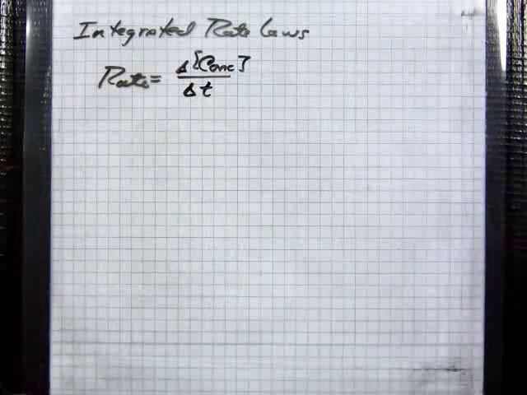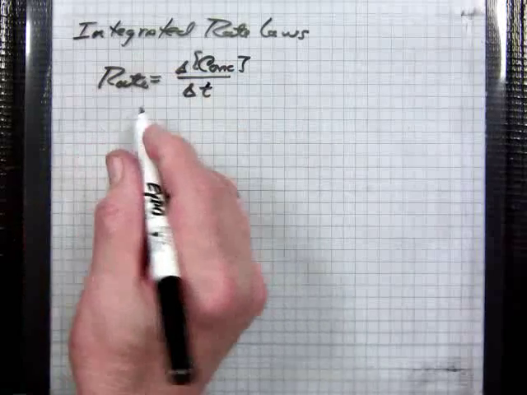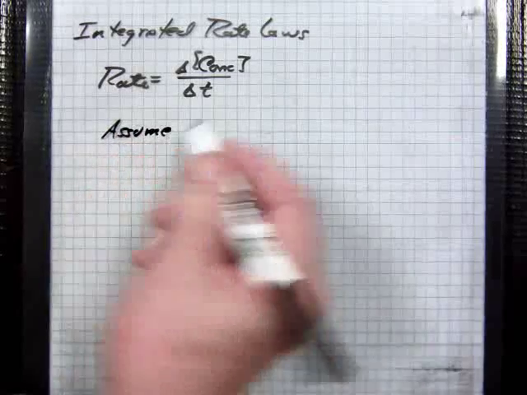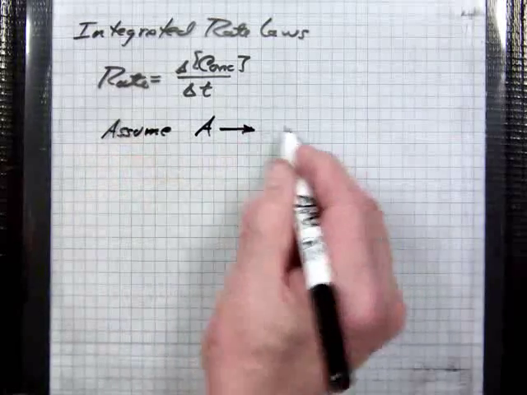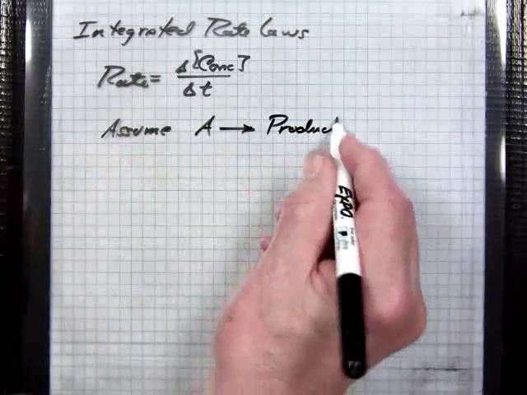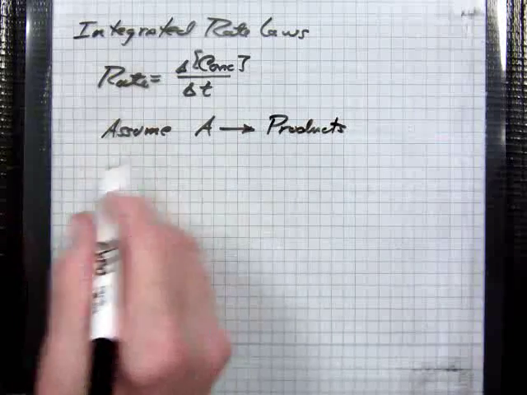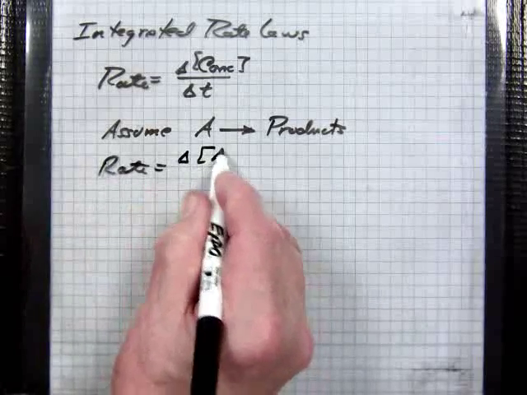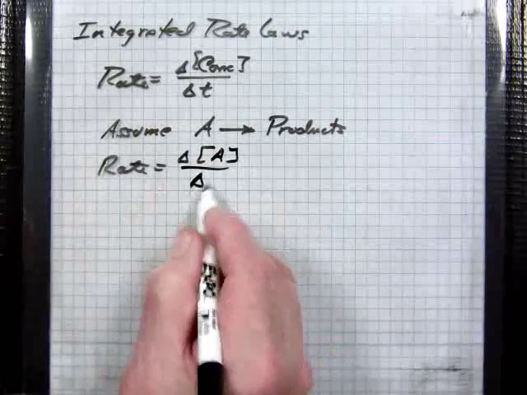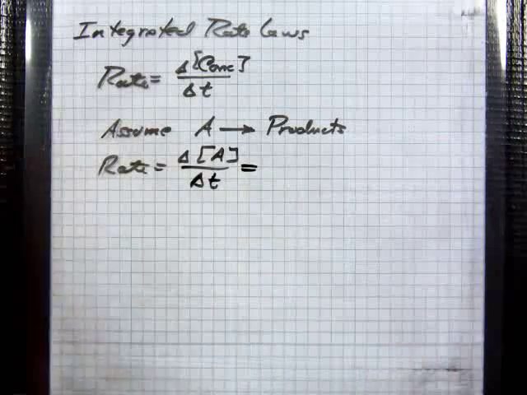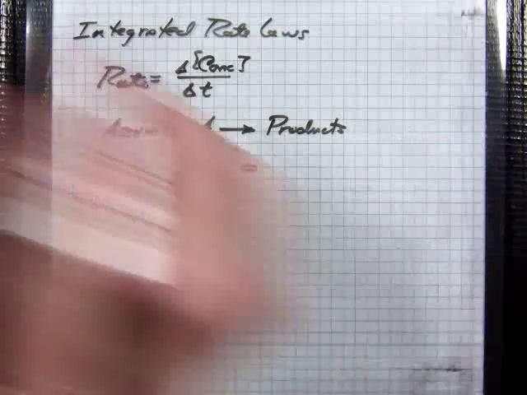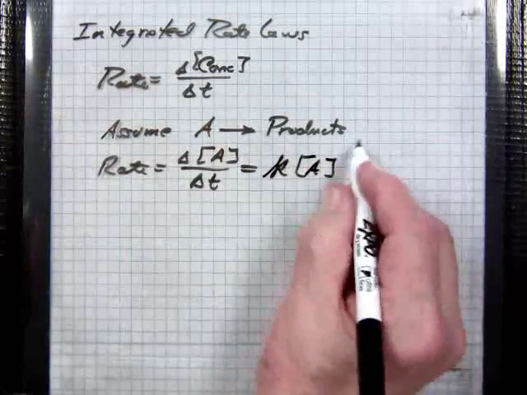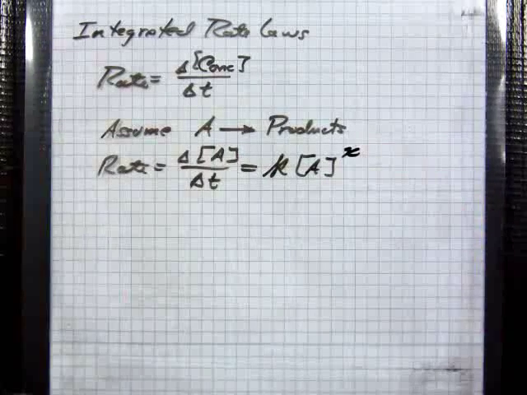So we'll assume a simple reaction, A goes to products. Then we can write the rate as the change in concentration of A over change in time, and that is equal to the empirical rate equation, k times the molar concentration of A raised to the x power.